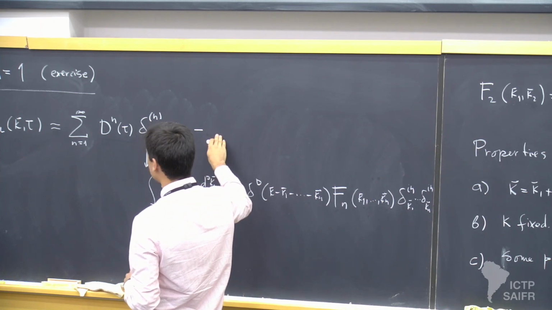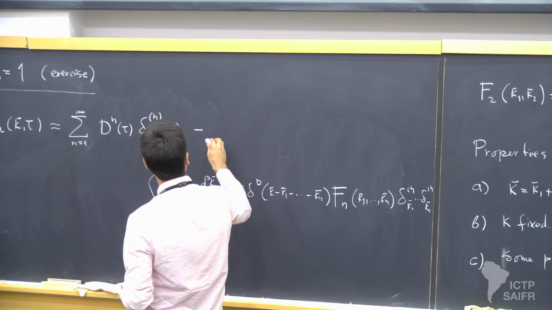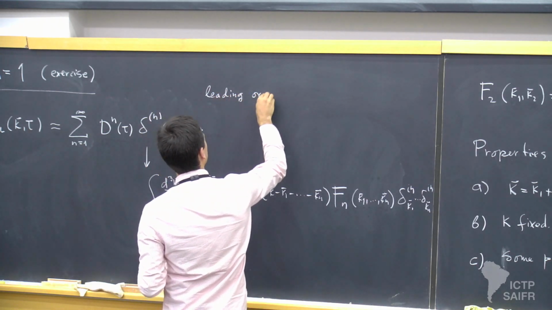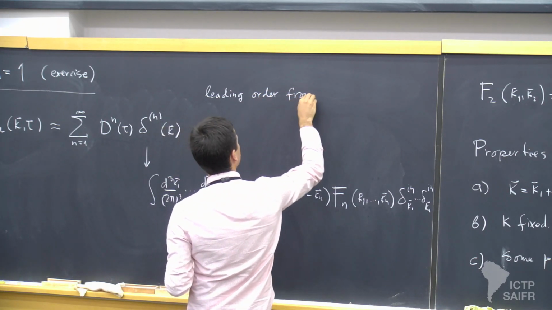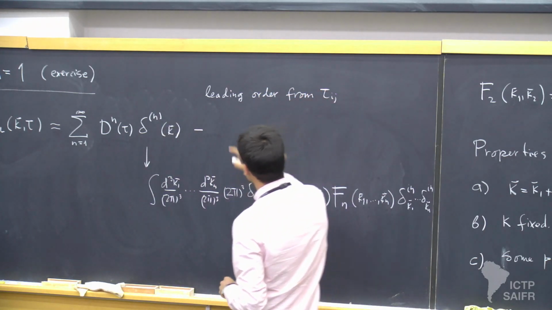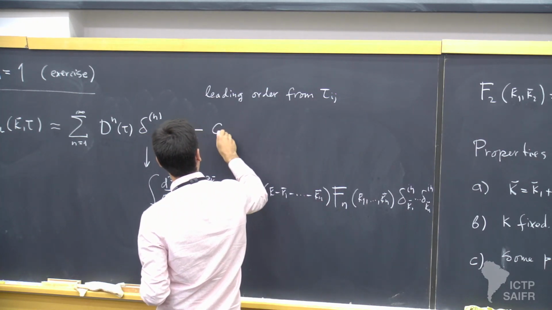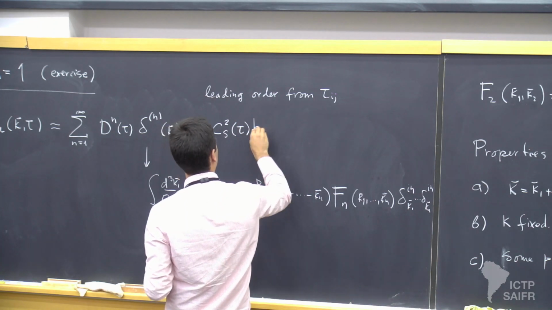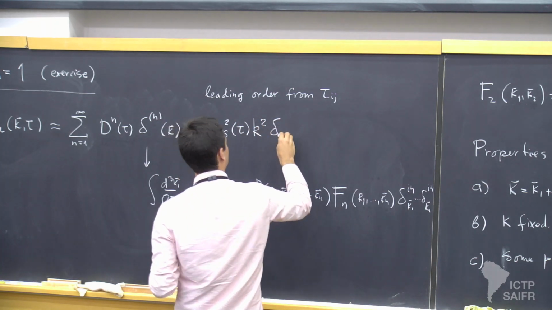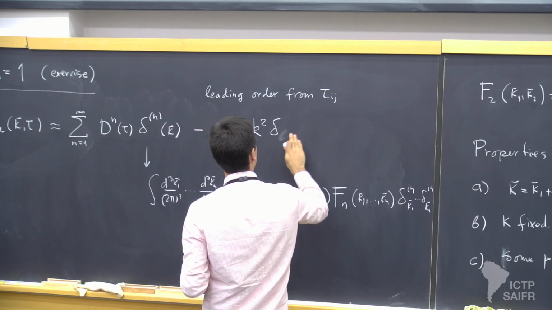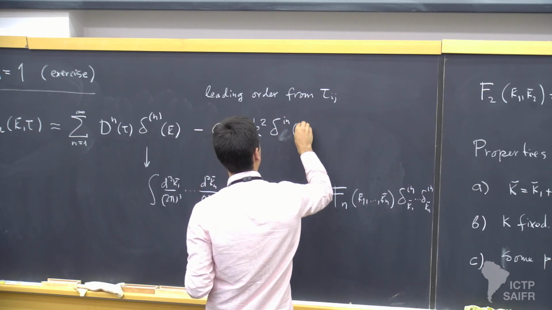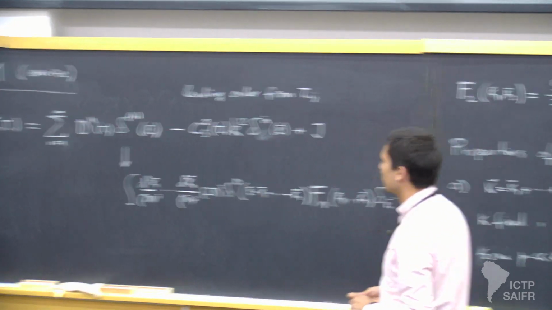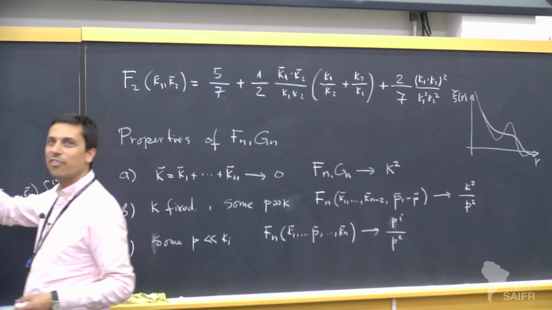So the leading order terms to the nonlinear density field are something which people usually call c_s squared of tau times k squared times delta initial, and then plus J. This is a notation that you would usually find in the papers.